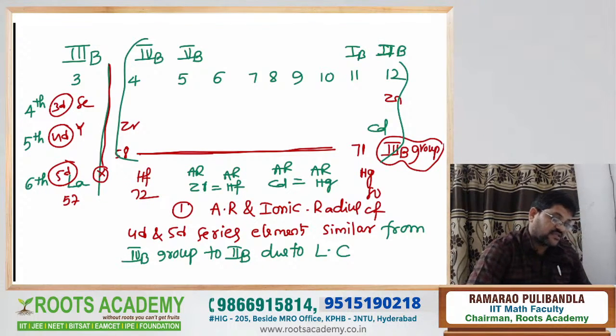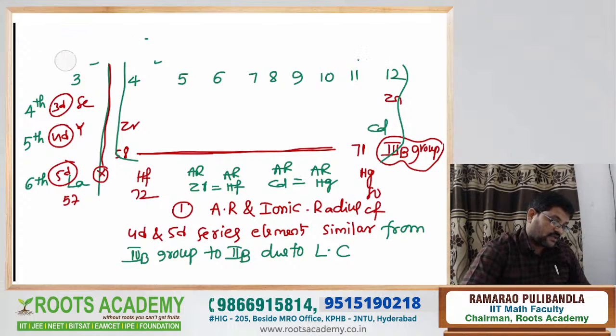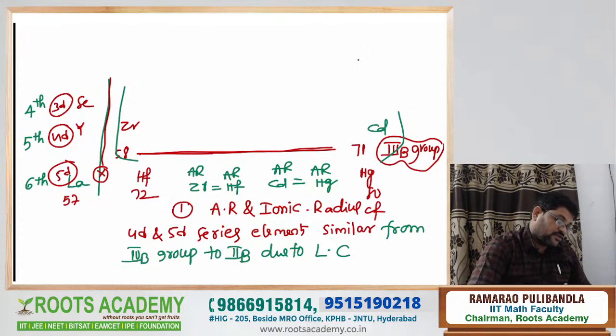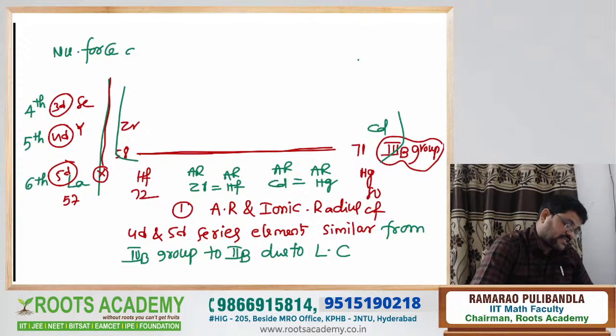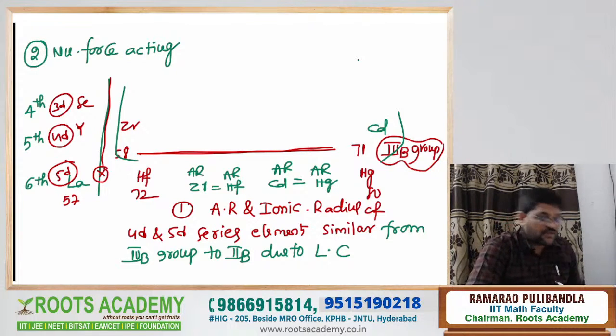And see the second consequence. The second consequence is also very important. Regarding the second consequence, the nuclear force acting, one of the second point is a nice point, Nana. Also important for objective. Also important for what? Objective.